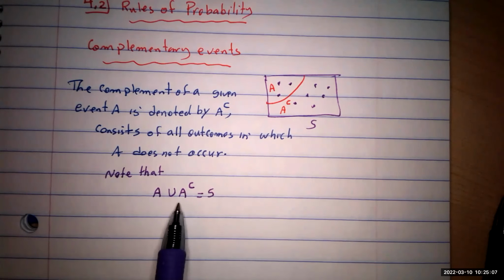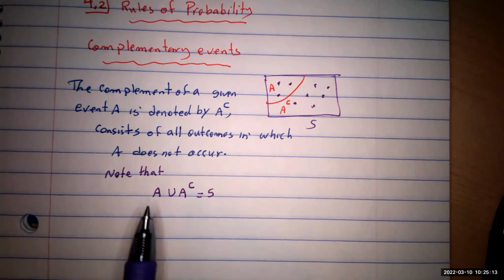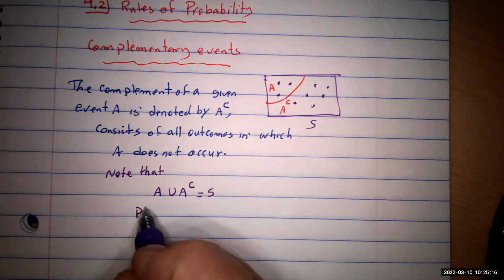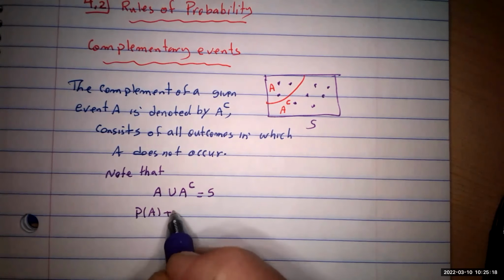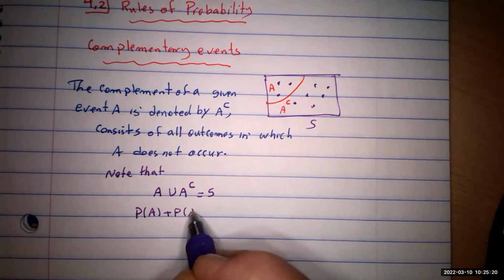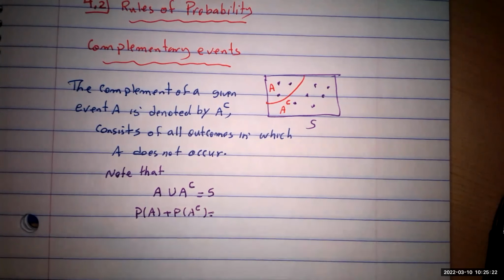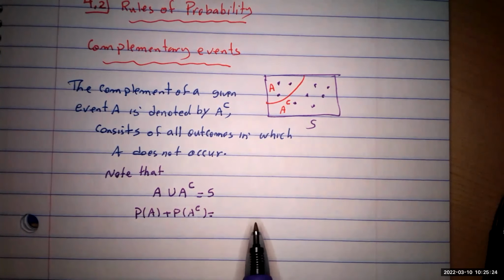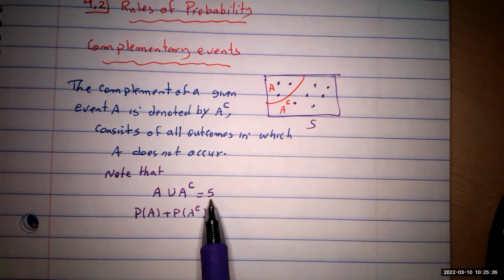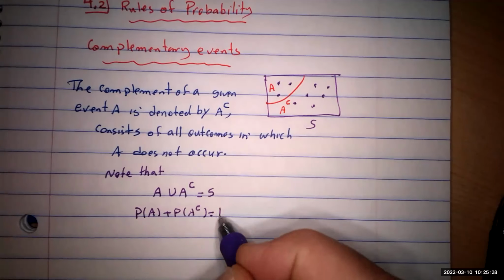So if you add them together, you get the sample space. You know that the probability of the sample space is 100%. So this means probability of A plus probability of A complement must be equal to the probability of S, which is 1 or 100%.